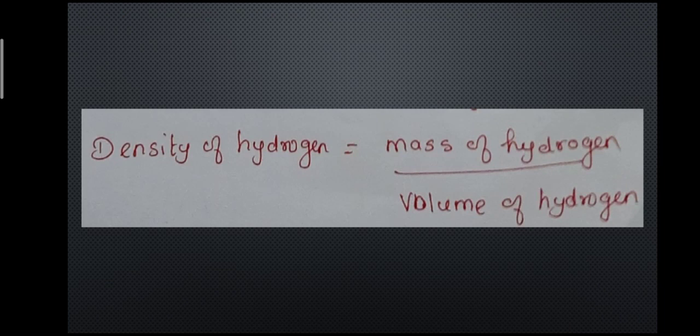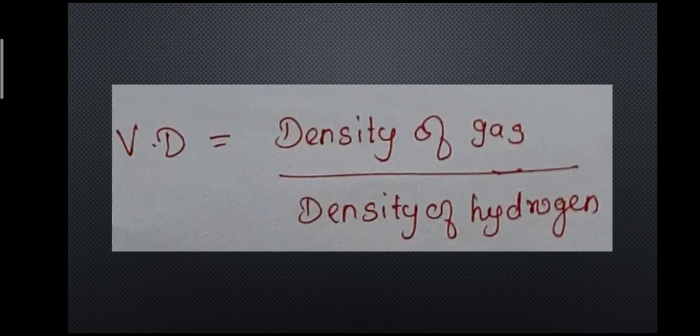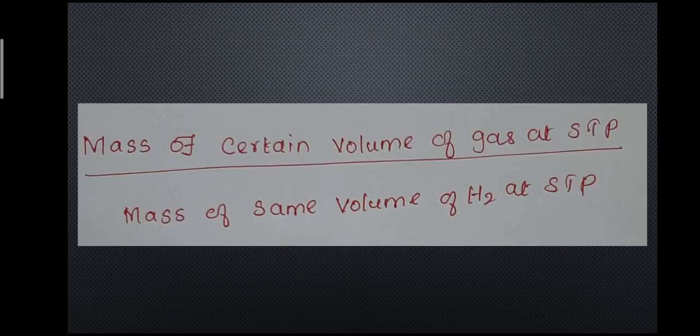Vapor density is equal to density of the gas divided by density of hydrogen. From this density definition, we write mass of certain volume of gas at STP divided by mass of same volume of hydrogen at STP. This is the definition for vapor density.